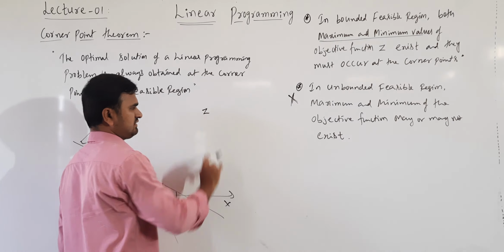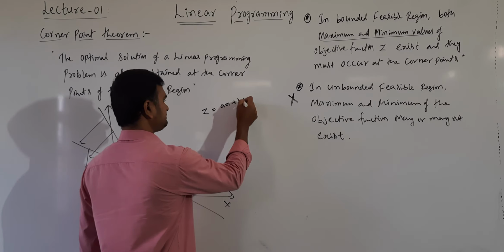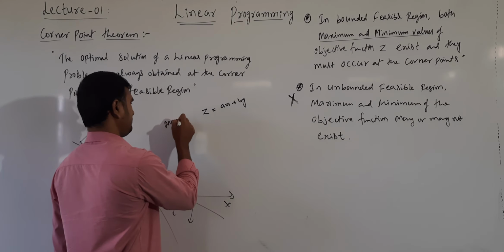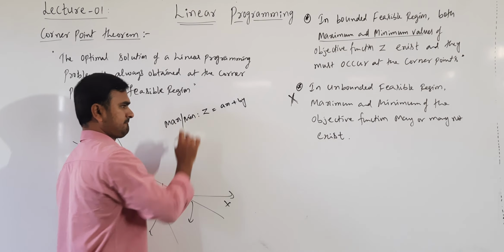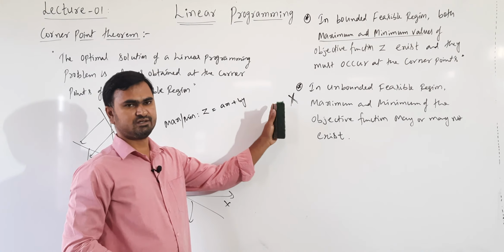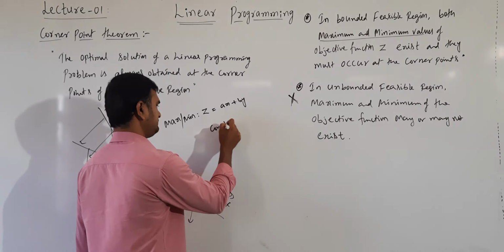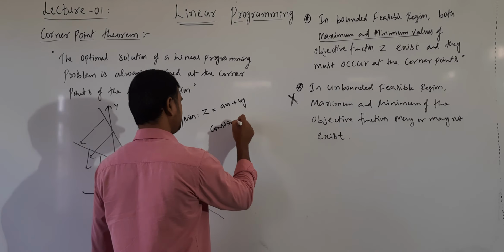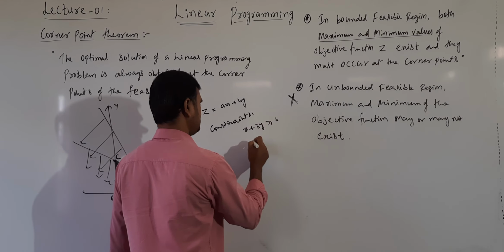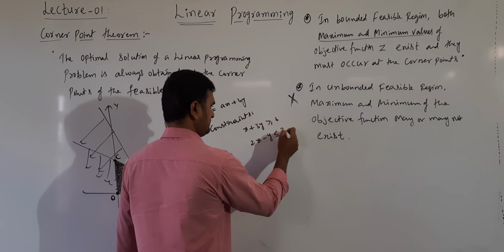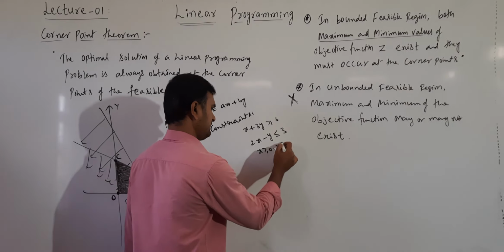We have to maximize or minimize the objective function z in the form ax plus by, subject to some constraints or restrictions, like x plus 3y greater than or equal to 6, 2x minus y less than or equal to 3, x greater than or equal to 0, y greater than or equal to 0.